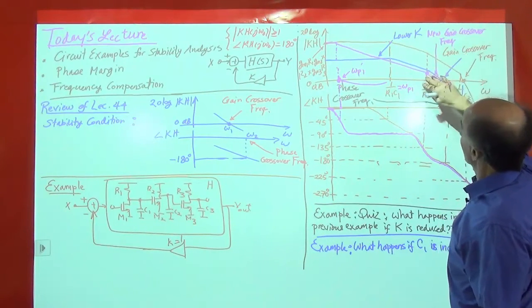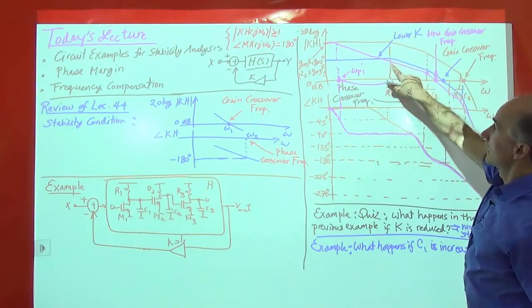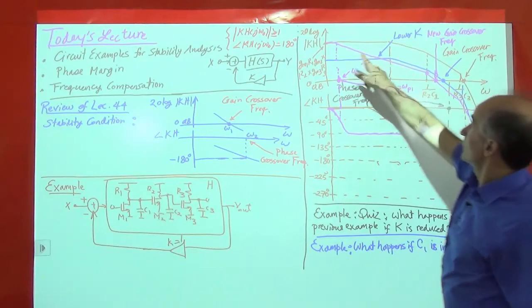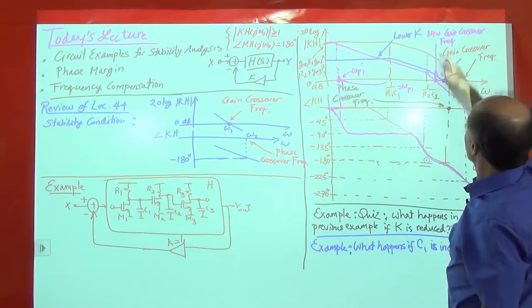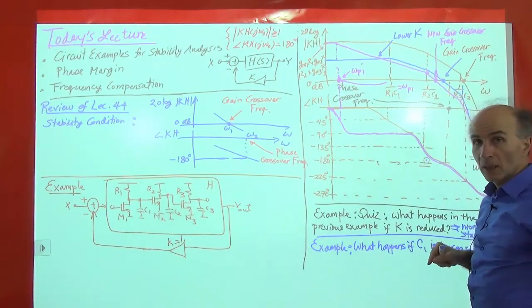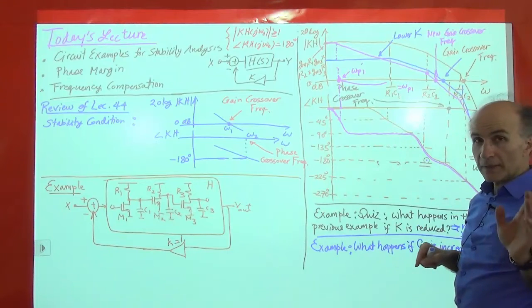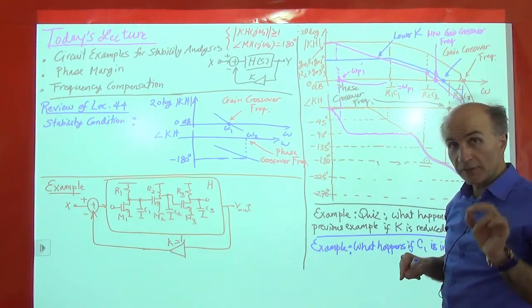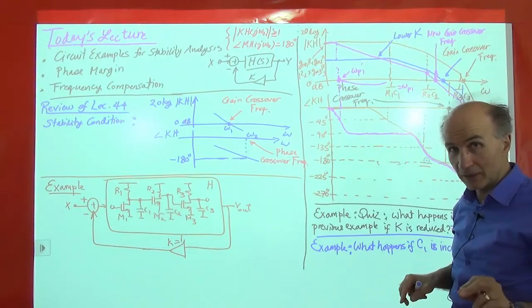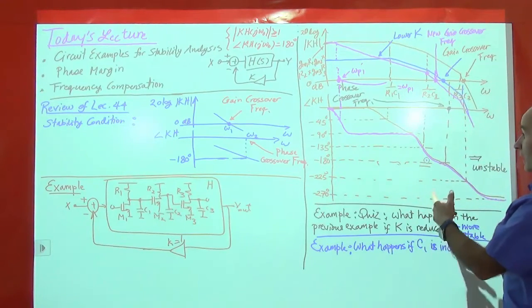So all these colors are related to each other, right? This purple color is used for when we have the lower pole frequency here and here and here. All right, and where is the phase crossover frequency? The frequency at which the phase reaches minus 180 degrees. Well, that doesn't really change, right?